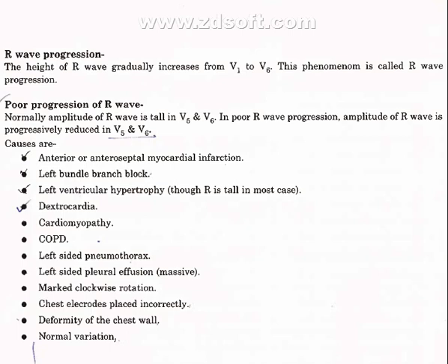Causes are anterior or anteroseptal myocardial infarction, left bundle branch block, left ventricular hypertrophy, though R is tall in most cases, dextrocardia, cardiomyopathy, COPD, left-sided pneumothorax, left-sided pleural effusion, marked clockwise rotation, chest electrodes placed incorrectly, deformity of the chest wall, normal variation.